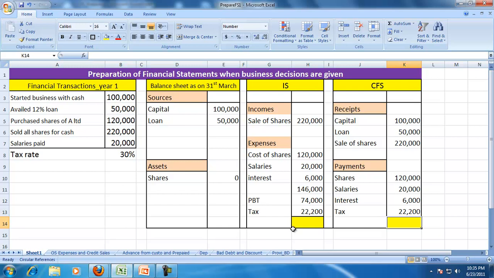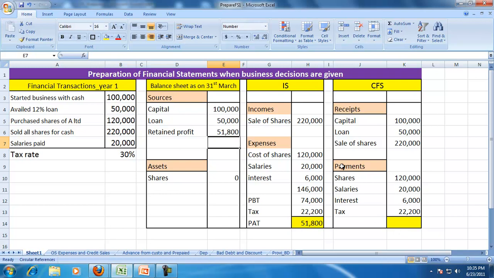Okay, so all the transactions are taken care. So PBT minus tax is profit after tax, PAT, and if no information is given, I keep the entire profit as retained profit.